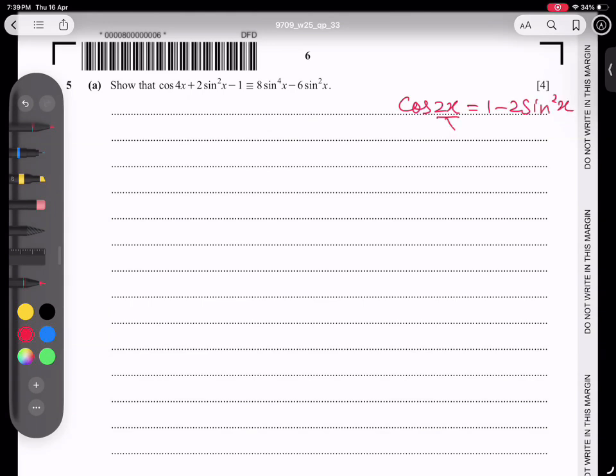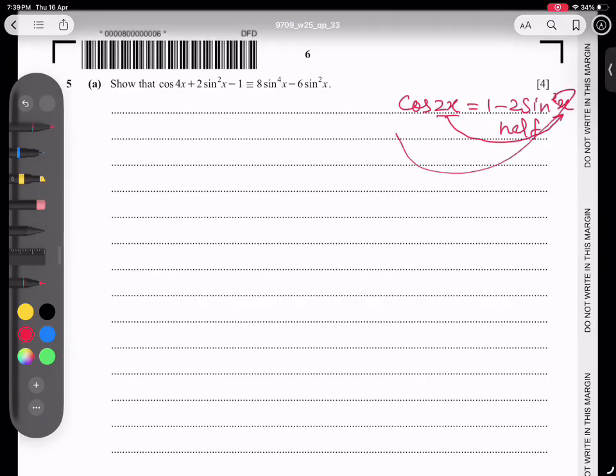Basically, this angle becomes half here. So if we have a 4x here, let's say, what will happen? Here become 2x, here become 2x. So I'm writing now left hand side, and cos 4x becomes 1 minus 2 sine square double x. And other two values are not changing at all.